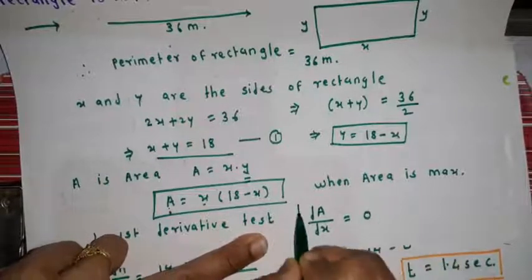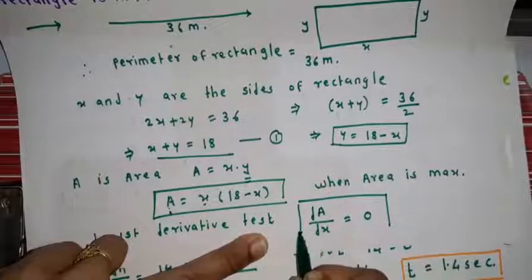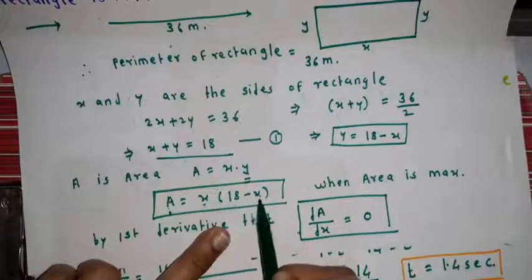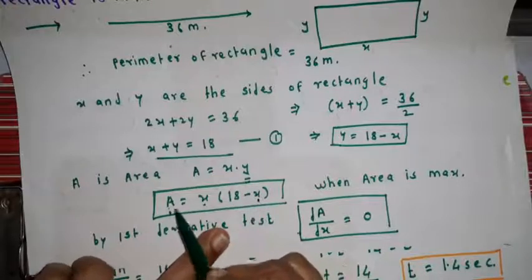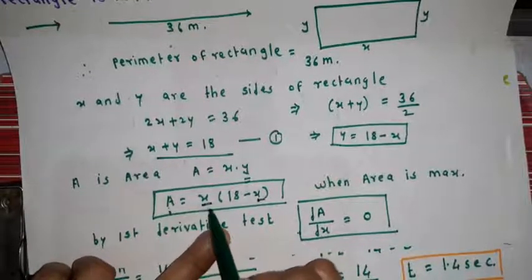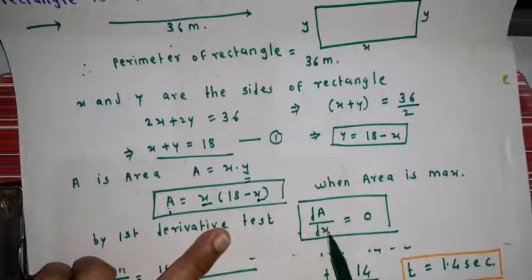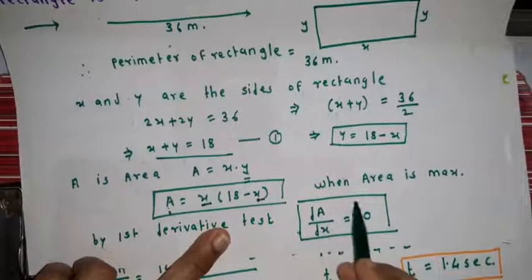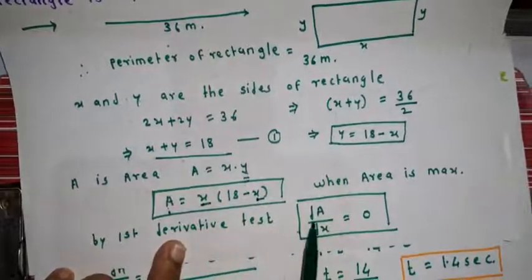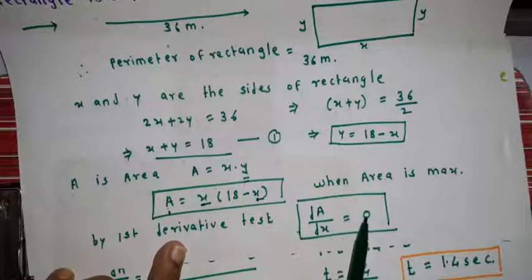Why do we differentiate area with respect to x? Because area equals x into 18 minus x, which means area depends upon x, and hence area is a function of x. Therefore as area is maximum, by the first derivative test, dA by dx equals 0.